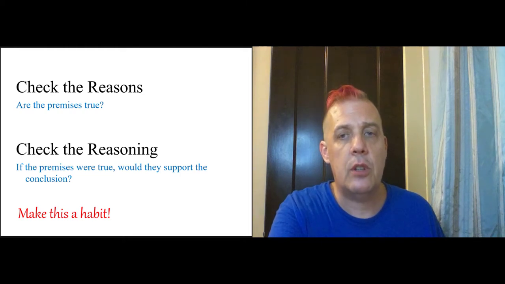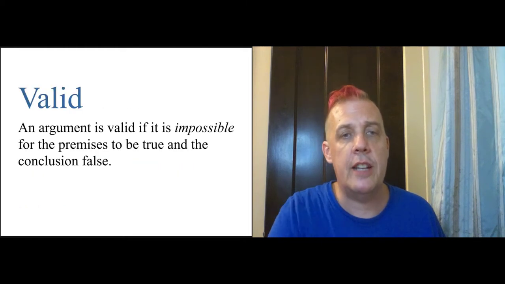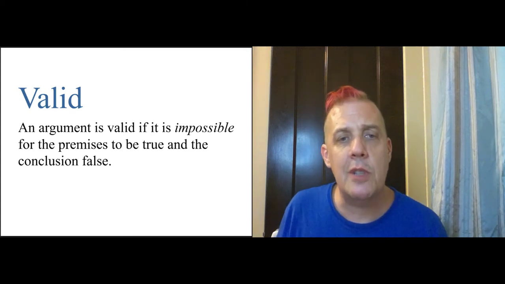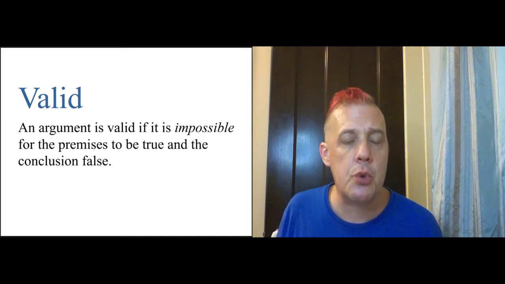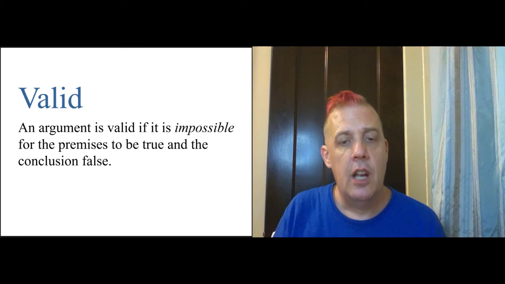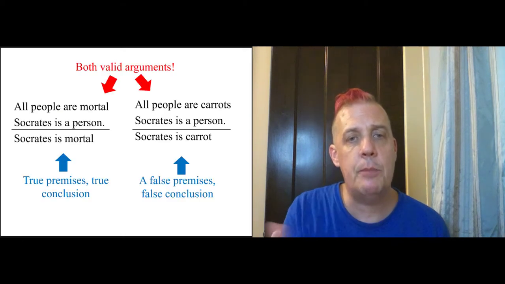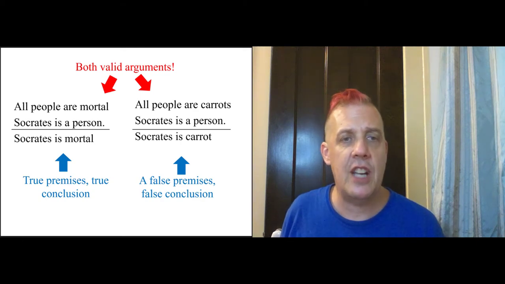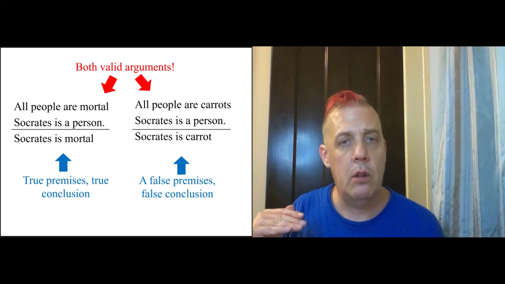So the next thing we took a look at was the idea of validity. We said that an argument was valid if it was impossible for the premises to be true and the conclusion false. So we had 2 examples of valid arguments. One of them makes perfect sense: all people are mortal, Socrates is a person, therefore Socrates is mortal.